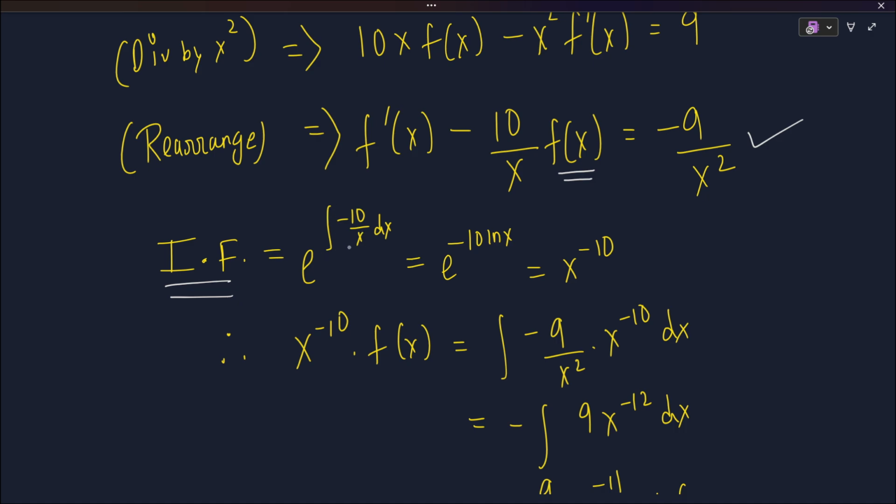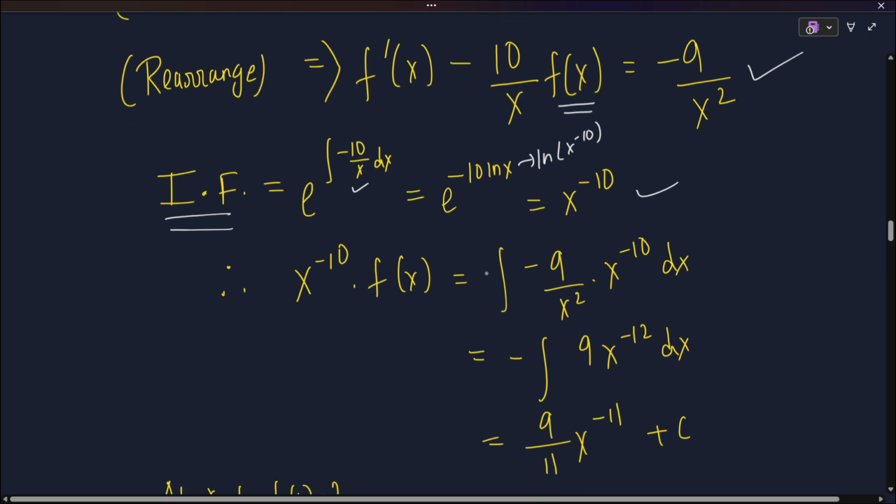So basically e to the power integration of minus 10 by x dx. This is a pretty simple integration because you can see 1 by x dx is nothing but ln x. And in this case, you do not need to include the constant plus c, you simply need the antiderivative of this function. Now, minus 10 ln x is nothing but ln of x to the power minus 10, as you know the property of logs, and thus you get this as the integrating factor.